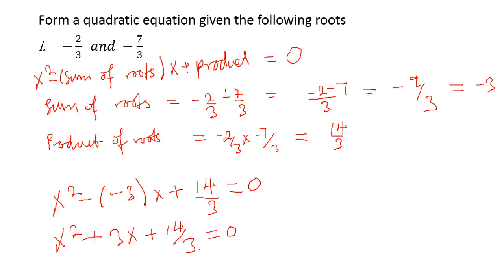To eliminate the fraction, we multiply each of these terms by 3. That gives us 3x squared plus 9x plus 14, equal to 0. So this will be our quadratic equation formed using the roots -2/3 and 7/3.